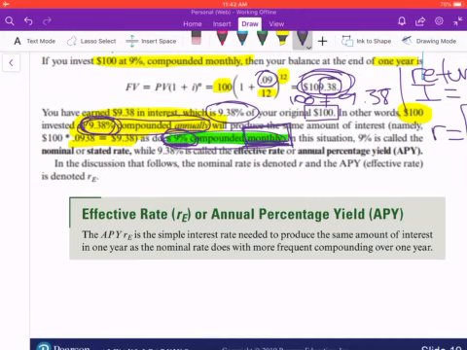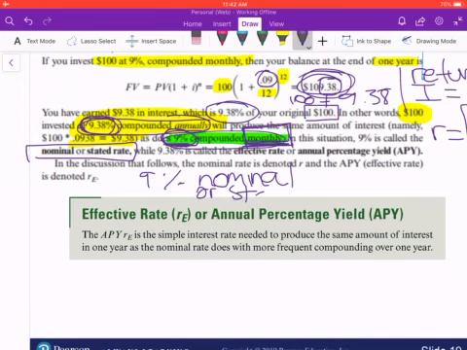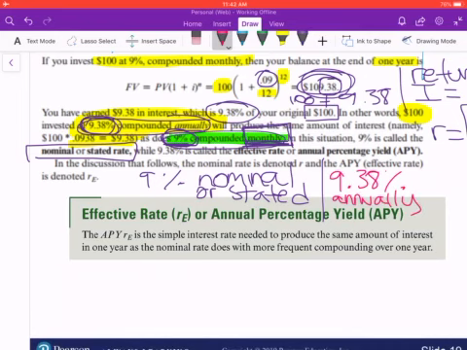So to compare these two interest rates, we call one of them, the 9%, the nominal or stated rate. The other one, the 9.38, remember this was annually and this was monthly.